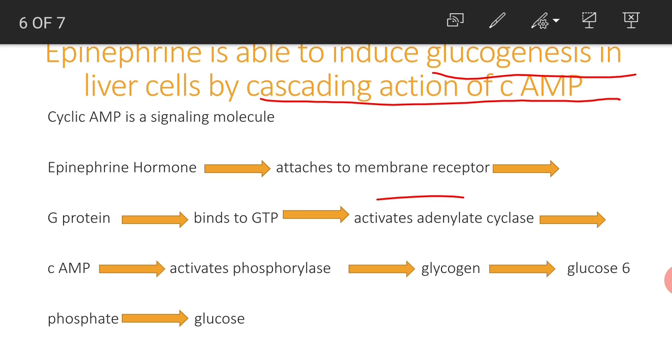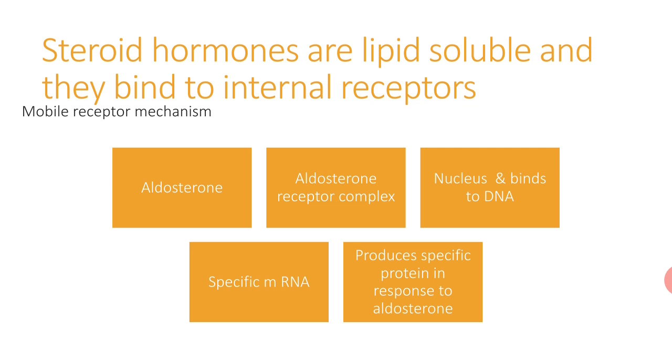So this is how certain hormones like epinephrine, which are hydrophilic hormones, work through the cyclic AMP mechanism.